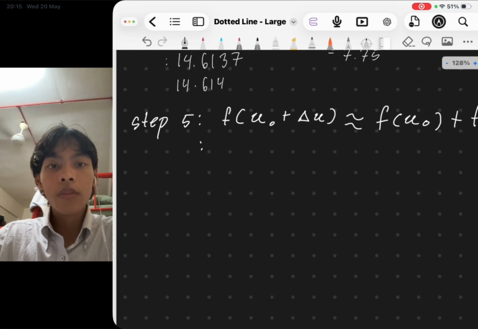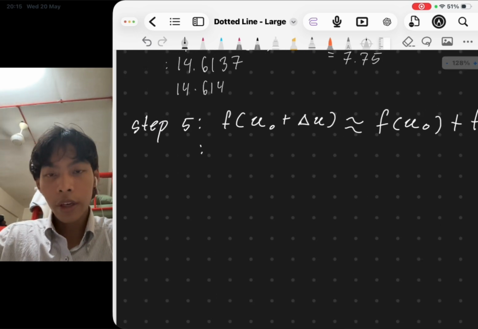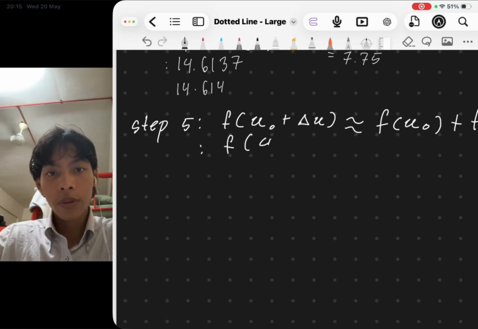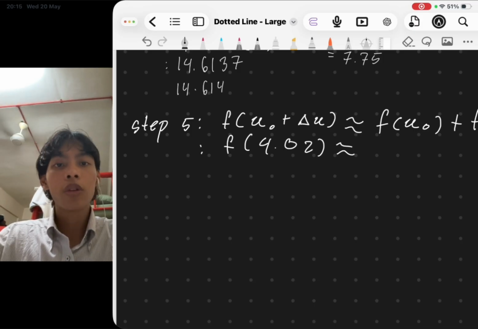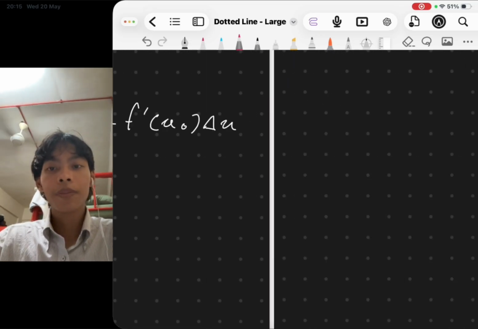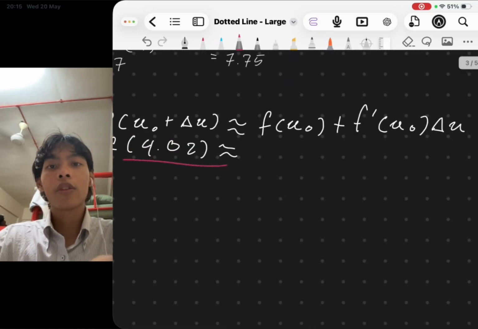Since we have calculated the first one, the slope of x is 0.02, and we just focus on the calculation. What is f(x0)?